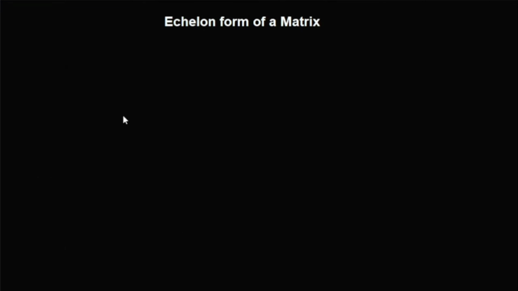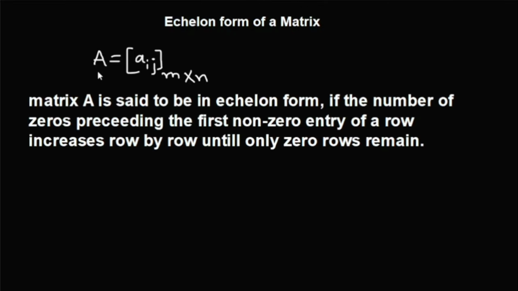Right. Next, what do you mean by echelon form of a matrix? Suppose you are given a matrix Aij of some order m by n. So when do you say that the matrix is in echelon form? If the number of zeros preceding the first non-zero entry of a row increases row by row until only 0 rows remain.